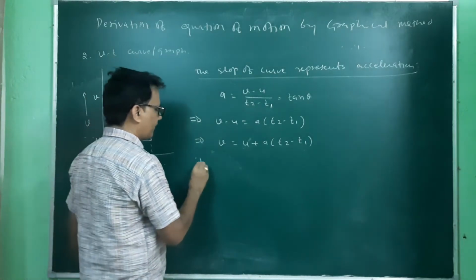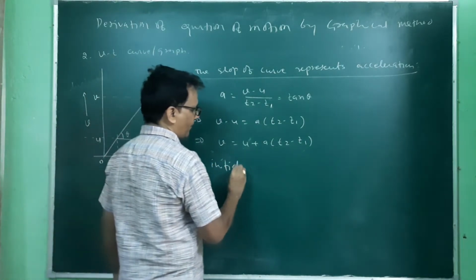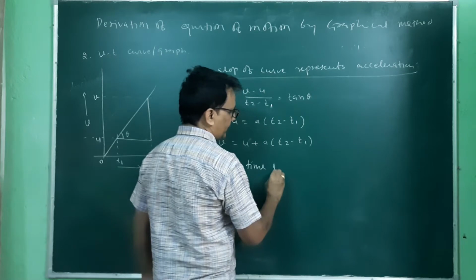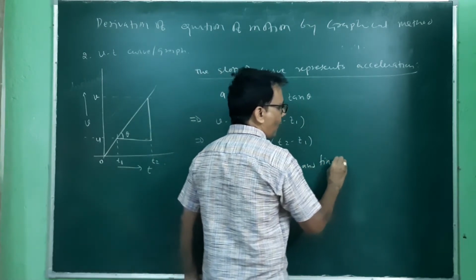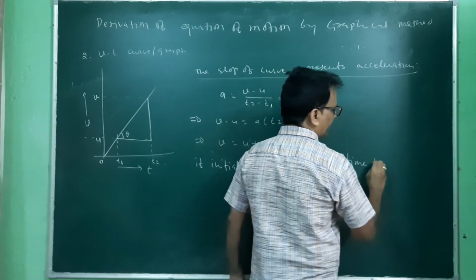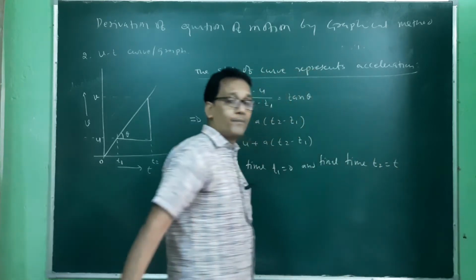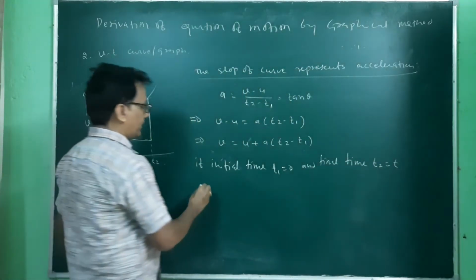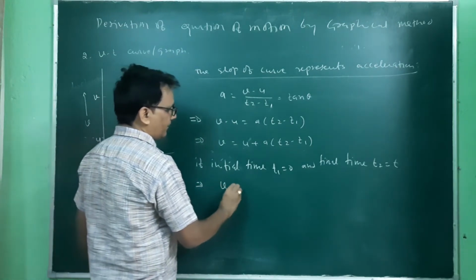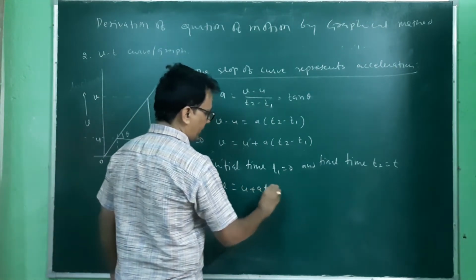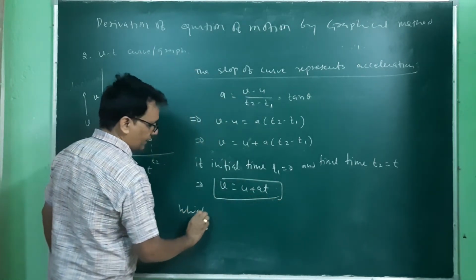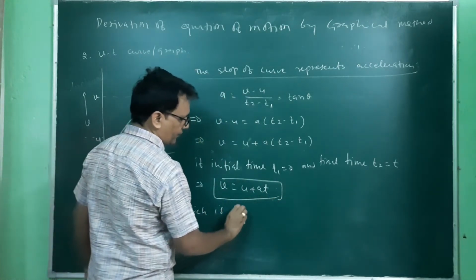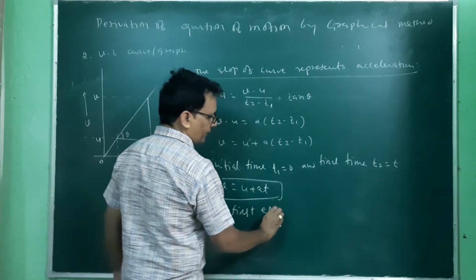If the initial time t1 is equal to 0 and the final time t2 is equal to t, then this implies v is equal to u plus a t. This is the first equation of motion.